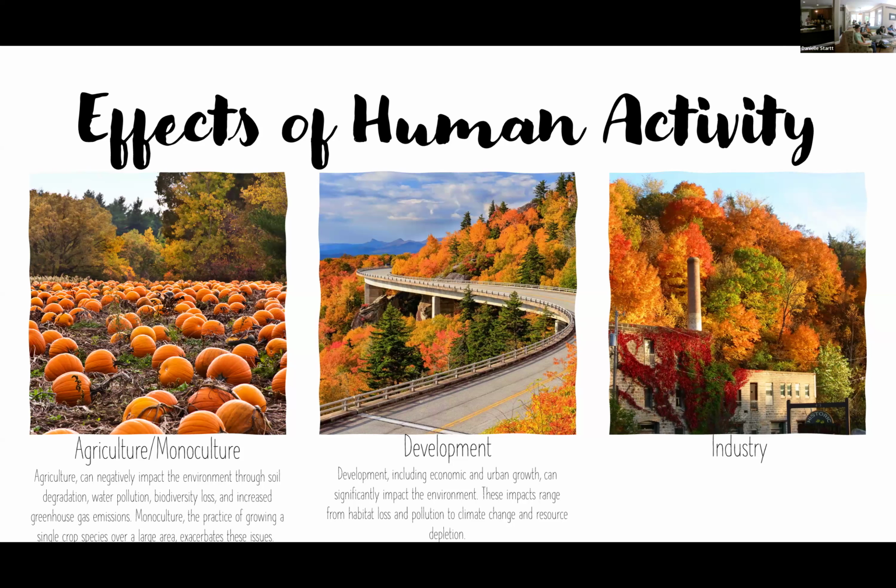Industry. All right. So industries impact the environment through various forms of pollution, resource depletion, and habitat destruction. Impacts can lead to climate change, biodiversity loss, negative health effects on humans and ecosystems. So we need industry to survive and thrive as a population, but there are costs and benefits of every type of factory that's built, every industry that comes into a particular area, right?